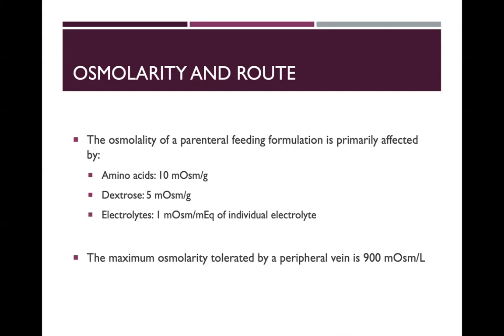So if you are one day working on making a recipe for parenteral nutrition, which a lot of inpatient pharmacists do, and you check the access and it's peripheral, you should not exceed 900 milliosmoles. Now, that's important to know because of the consequences, but at the same time, when you are making that recipe, you're thinking, oh, I care about this patient and I want to give exactly the amount of calories they need through protein, lipid and carbohydrate, to meet their total energy requirement.